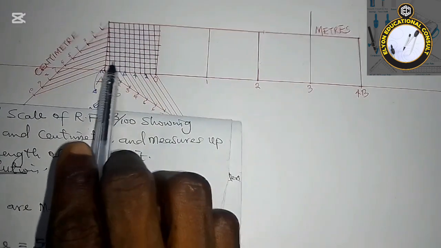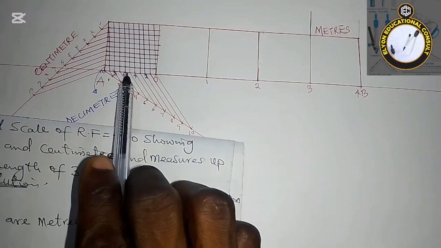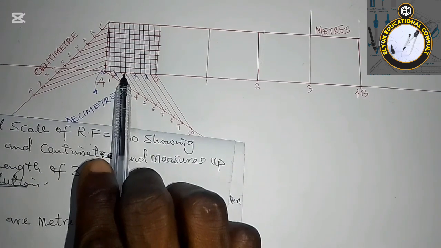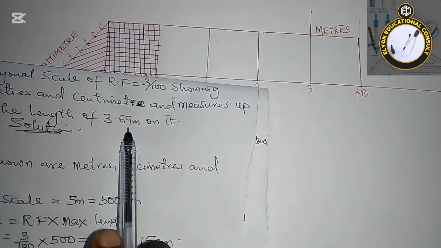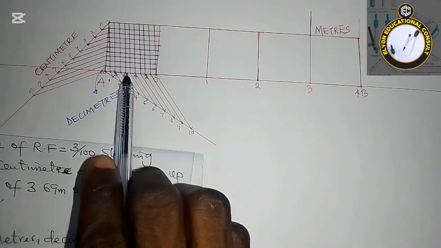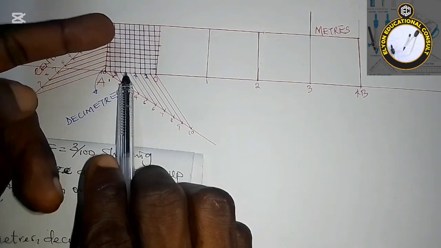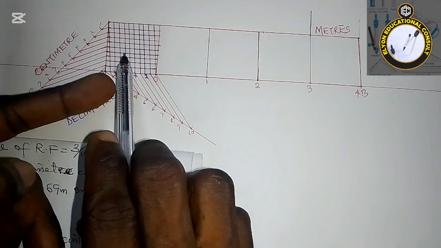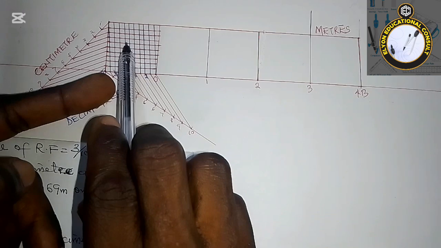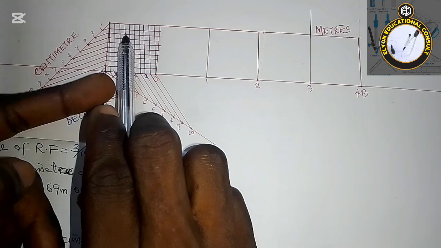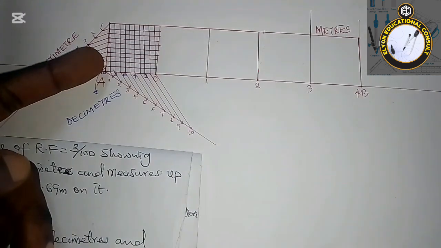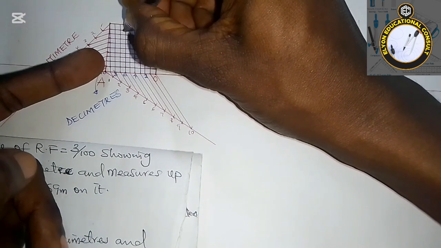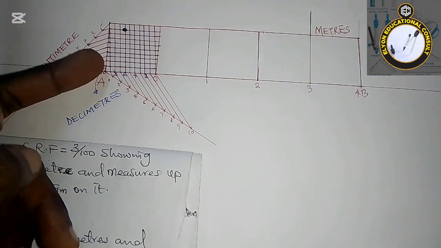This is the decimeter part, so you come to 6 here. You can see that now. This is 6. Then the last one is 9 centimeter. If this is 6, then you read centimeter up. That is 1, 2, 3, 4, 5, 6, 7, 8, 9. So this part here is 9. You take note of that part there.